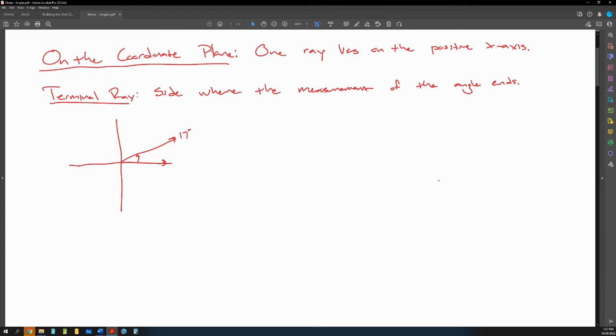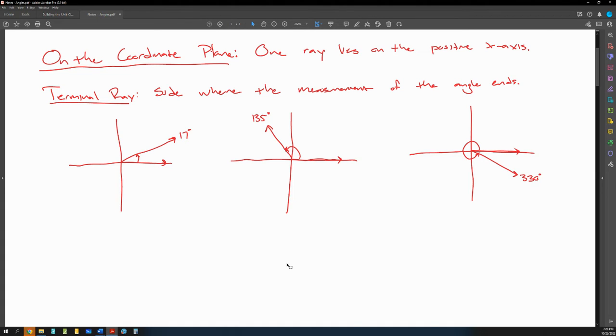If I wanted to measure something like, say, 135 degrees, again, I would start on the positive x-axis, and then I would measure rotationally about 135 degrees, and that would land in quadrant 2. Let's do one more. We'll say 330 degrees. So again, we'll start on the positive x-axis, and I measure counterclockwise 330 degrees, and we have this angle right here.